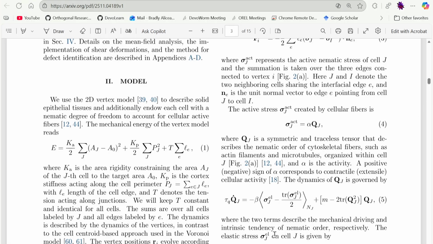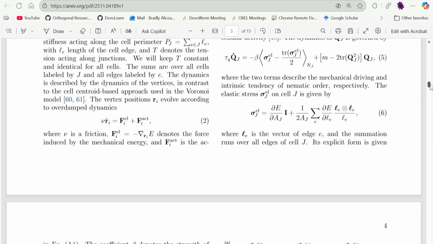They use a Voronoi model, calculating the cell centroid based on these Voronoi cells. You take a bunch of centroids and find the mean distance between them, and those are your cell boundaries. And the vertex positions evolve according to overdamped dynamics.